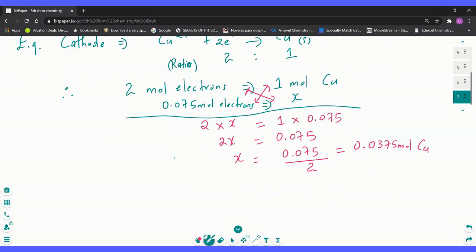Now, a lot of times though, they might be asking you for the mass of copper, right? So you should be able to convert, although I haven't done the mole concept yet, so I know you might not fully understand it, but I just want you to know enough to be able to calculate this. So how to convert our moles that we just got here to mass.